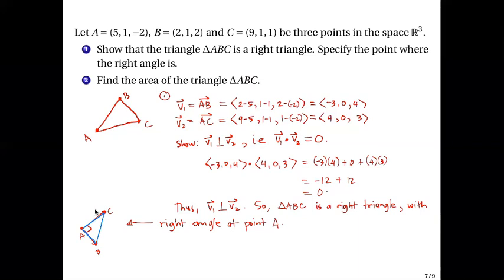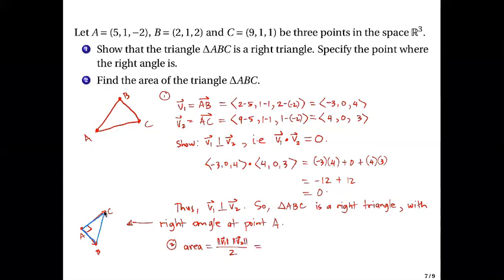Correct? So we can do that. So for number 2, area, this is just the norm of vector v1 times the norm of vector v2 divided by 2. Base times height divided by 2. That's the area of the triangle.